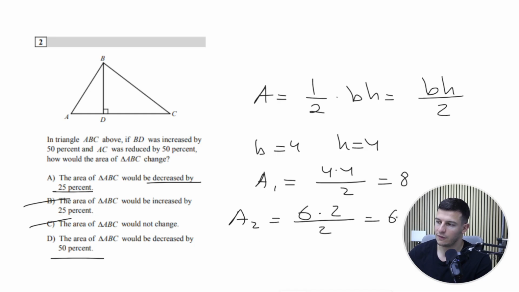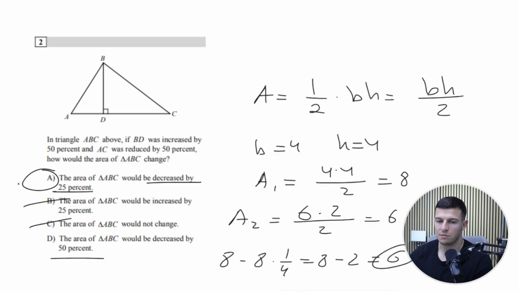So it decreased only 25%. 25% means 1/4 of the value. So 1/4 of 8 is 2. So 8 minus 1/4 of 8 is going to be 8 minus 2, which is 6. So the answer is going to be A, decreased by 25%.